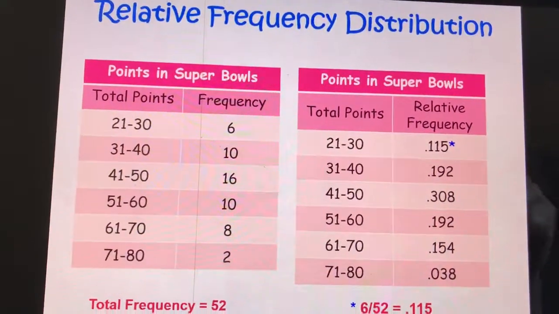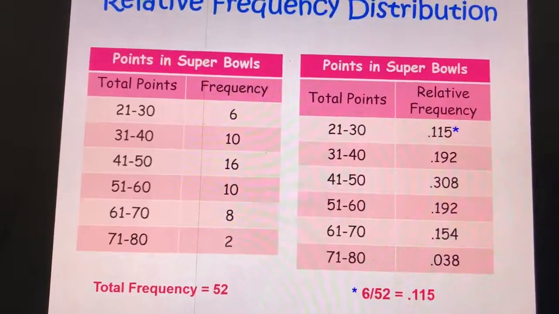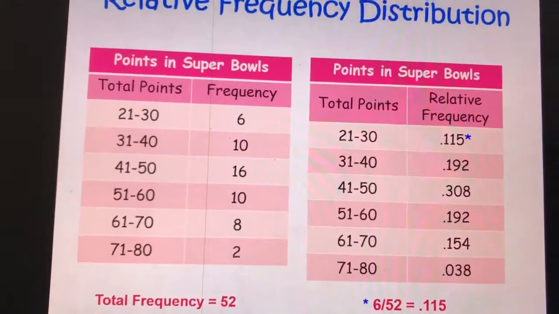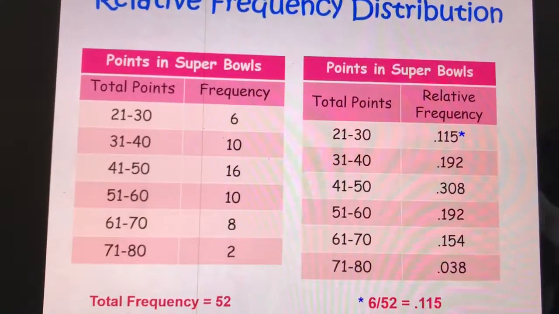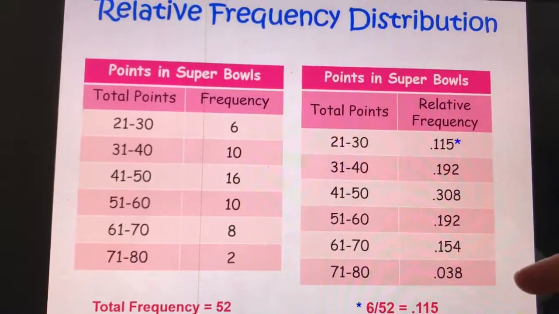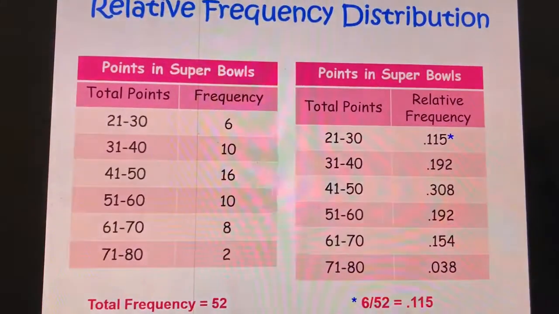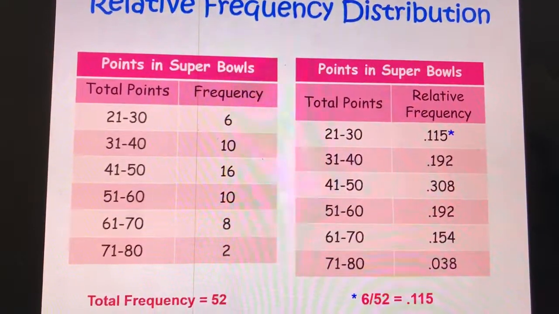When you do relative frequencies, this should add up to 1, but I think on this one it actually adds up to 0.999 because I've rounded to 3 decimals. You sometimes get a little bit of a rounding error. So as long as it adds up to 0.999 or 1.01, you're okay. Sometimes they'll come out to 1 even if you've rounded, but that one actually adds up to 0.999.